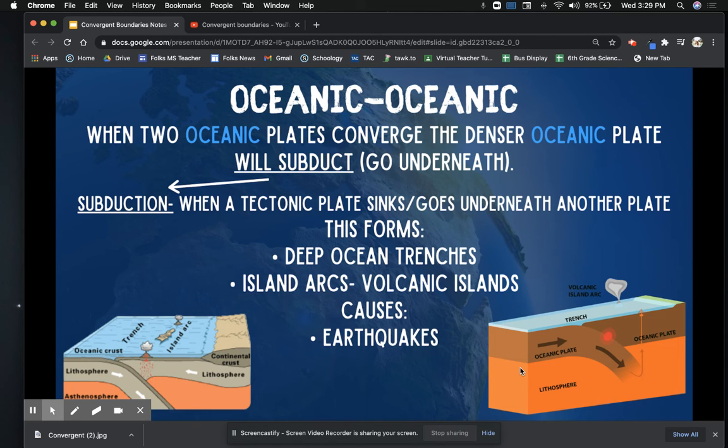And one more time, I'm reminding you that subduction means when a plate sinks or goes underneath another plate. At this boundary, we will get deep ocean trenches and island arcs. So island arcs are volcanic islands. So it's different than volcanic mountains. These are in the water, and this also causes earthquakes.